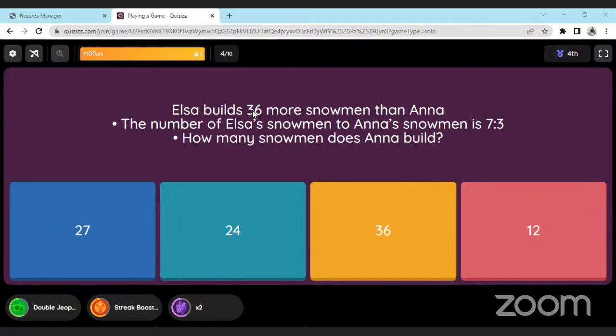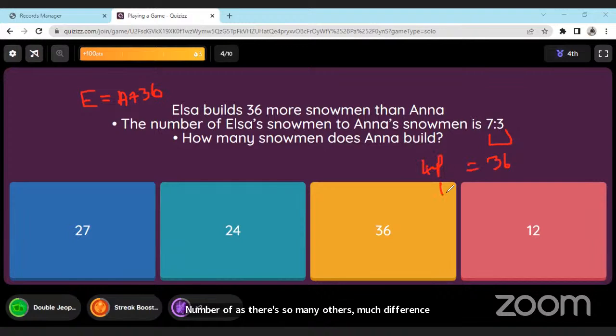The difference between them is 36. That's equal to 7 minus 3, which is 4 parts. Then 1 part equals 9. How many snowmen does Anna build? So it is Elsa to Anna, so Anna is 9 times 3, 27.